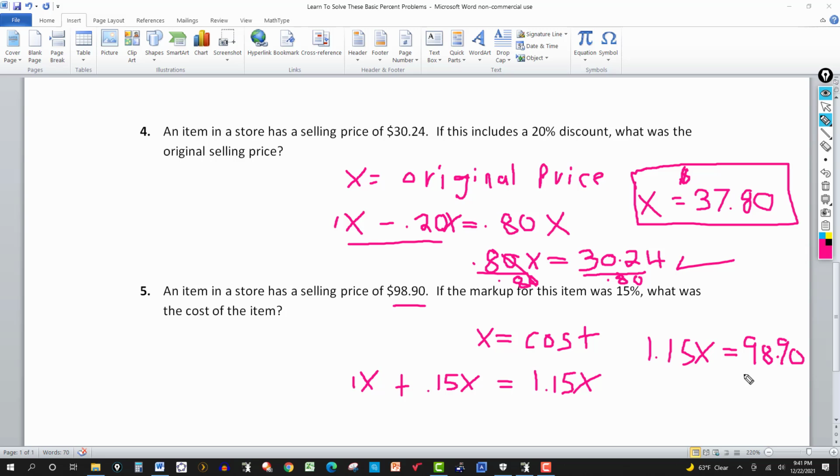It was marked up by 15%, so you just divide both sides by 1.15 here. 1.15. This cancels out. They'll come back over here then. So the original cost of the item is $86.